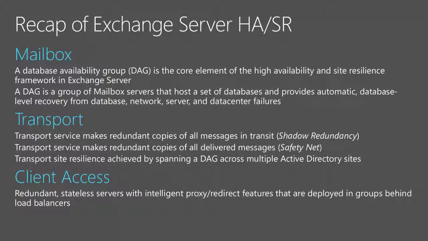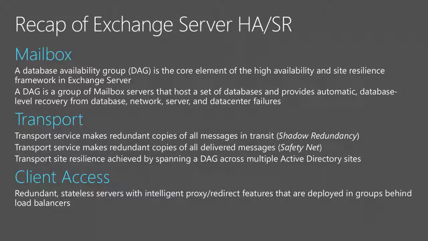So what do we mean when we say high availability and site resilience? Obviously, for the mailbox, it's taking the DAG, the database availability group, and using that as the construct to replicate copies of databases to other servers and hopefully other locations for site resilience as well. For the transport aspect, the way to think about Exchange high availability for transport is that it will make a copy of every single message both before and after it's delivered.